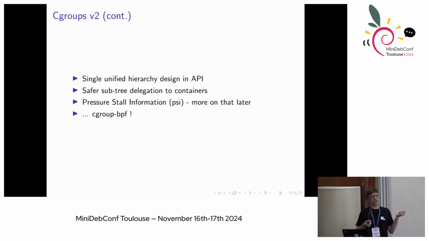It's also safer, because it's easier to share a group and to push a group forward. For example, if you're using Docker on a machine, Docker will just manage its own control groups inside, and it gets delegation, so it moves its own group out of the tree, and there is no conflict, and it can manage its own containers.